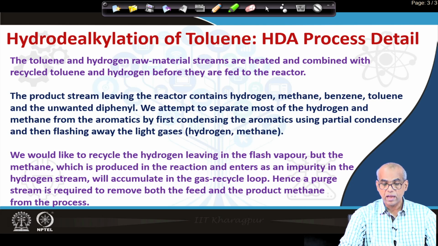We would like to recycle the hydrogen leaving in the flash vapor, but the methane which is produced in the reaction and also enters as an impurity in the hydrogen stream will accumulate in the gas recycle loop.